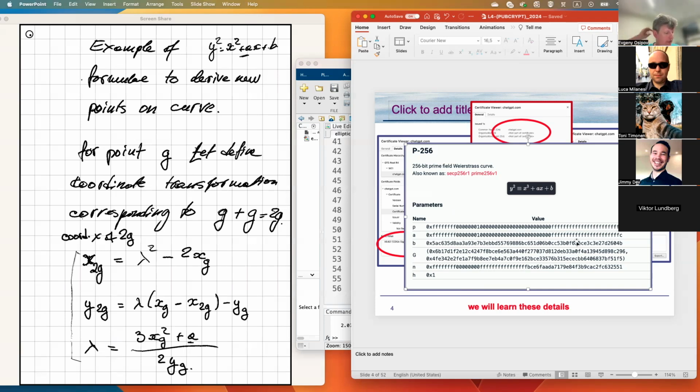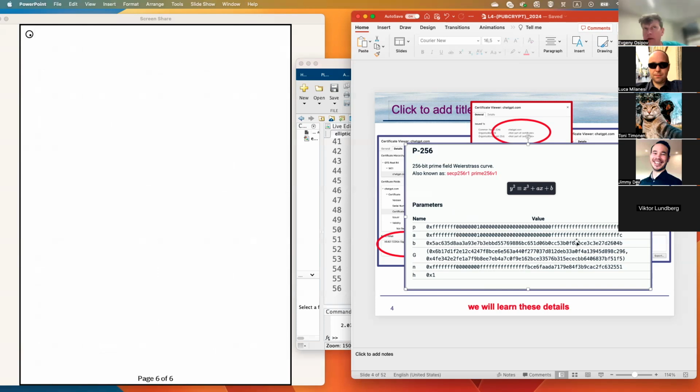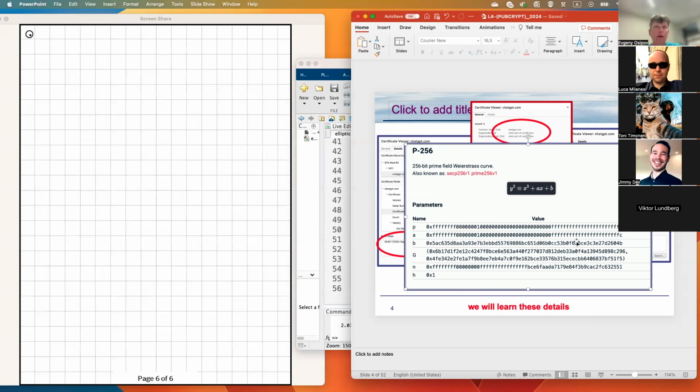And now I will sketch how to create a security scheme based on elliptic curve cryptography. What you need to understand is not the mathematical details, but the general principle.